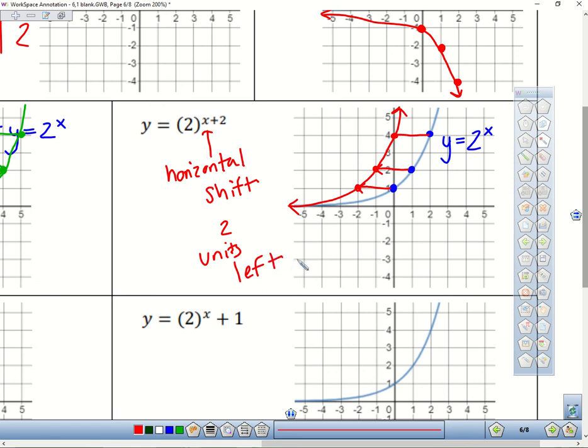So that's a horizontal shift, 2 units left. You don't have to write that. You can if you want to. It's up to you. It's your notes. But yeah, that's what the graph looks like. This is, again, another translation.